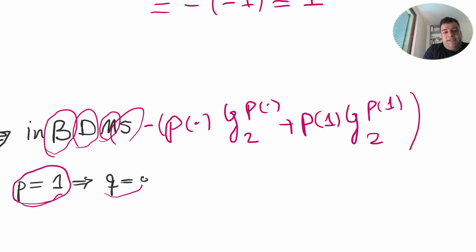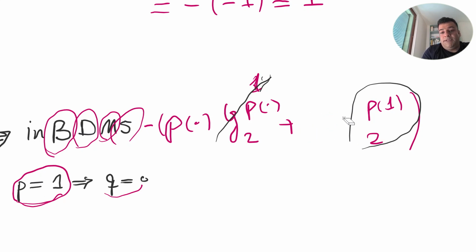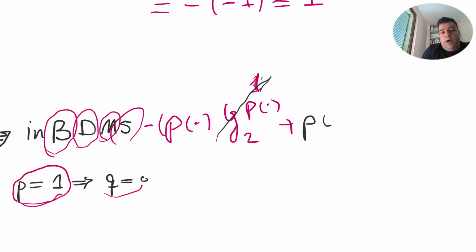Guys, one of them is 0. Therefore, if this is 1, this part is cancelled. Also in the first part I made a mistake, yes? Because that is p1 times log p1 in base 2.